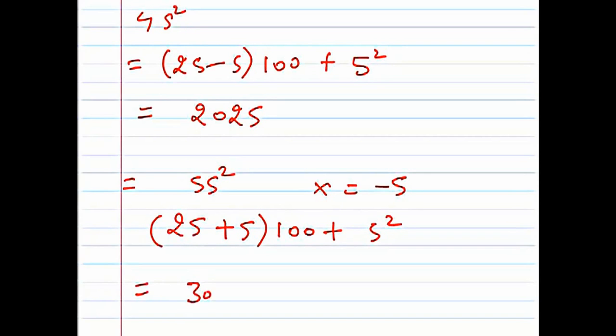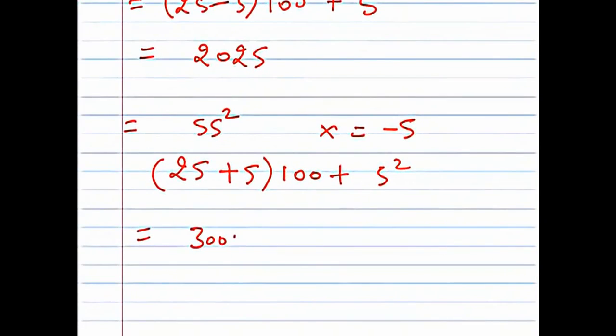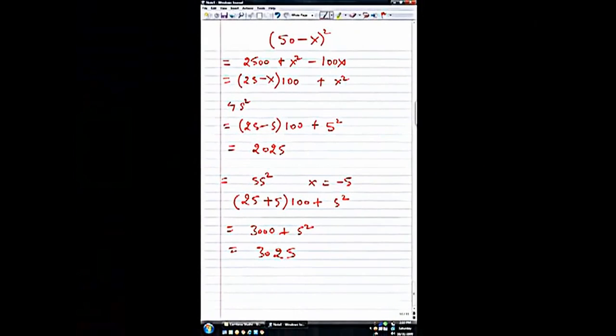That will be equal to 3000 plus 5 square, which is equal to 3025. So this was how I came up with this technique. But if you use the technique, it will be much simpler to do the square of any number which is near 50.